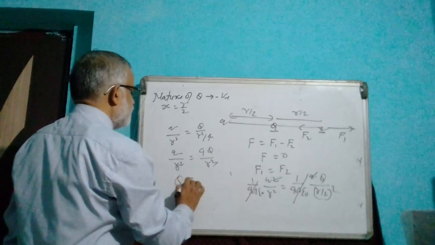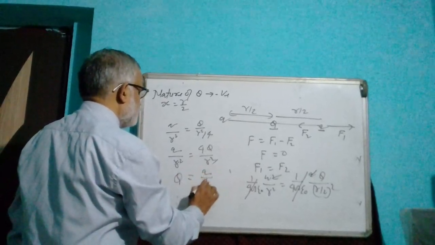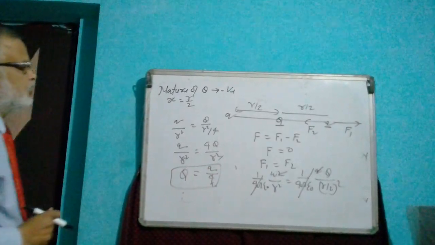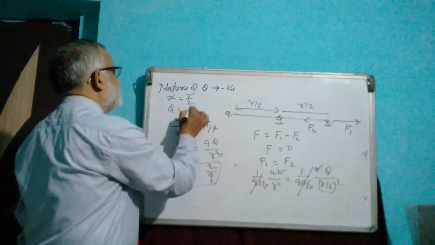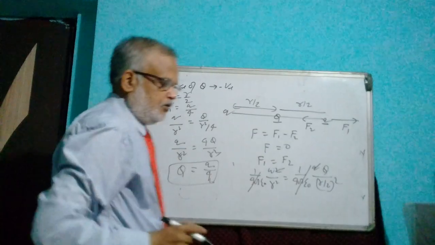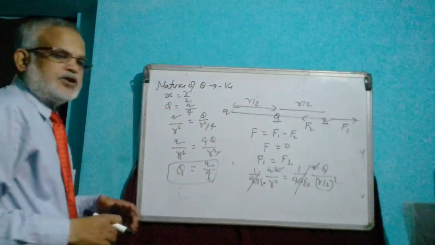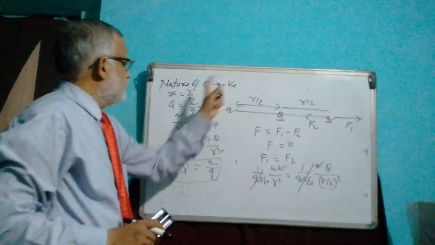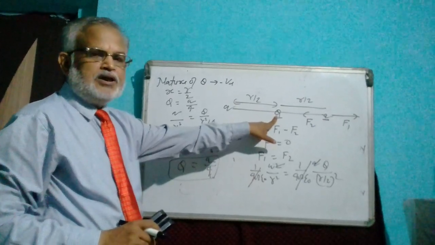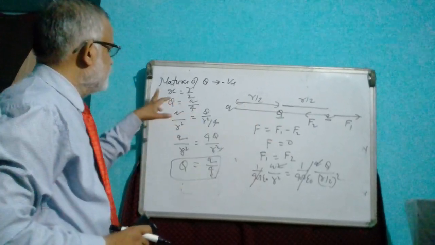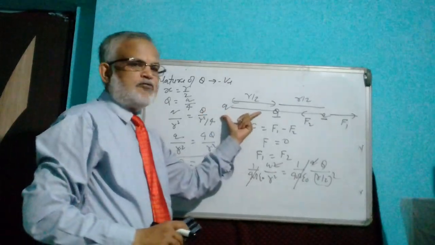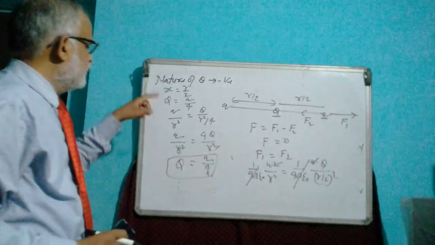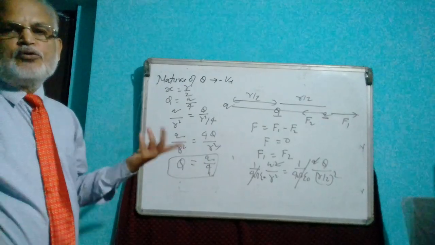Therefore, capital Q equals q by 4. The magnitude of Q must be q by 4. Thus, we prove the nature of the charge must be negative to get the equilibrium. Its position is R by 2 from both charges, and the magnitude is q by 4.